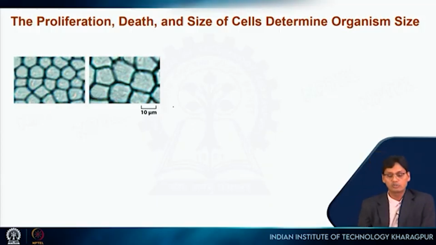Here I would like to mention that the proliferation, death and size of cells determine the organism size. I just mentioned in the previous slide how the size of cells actually helps the nematode grow.